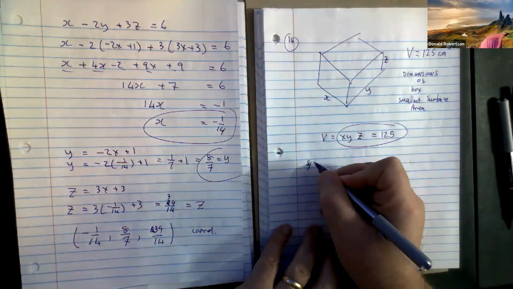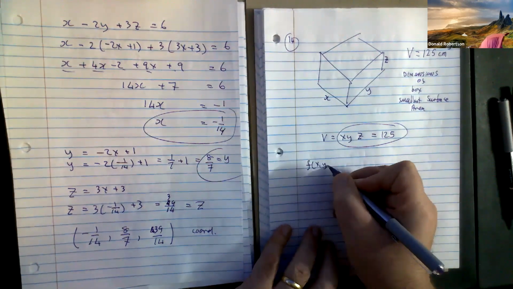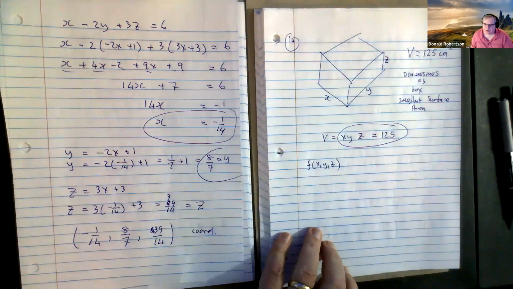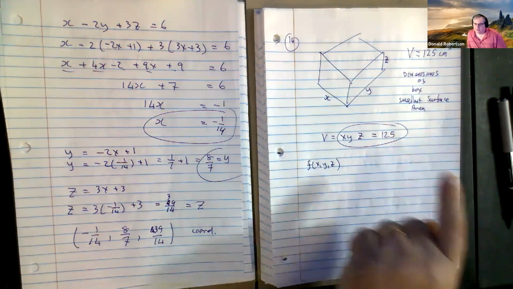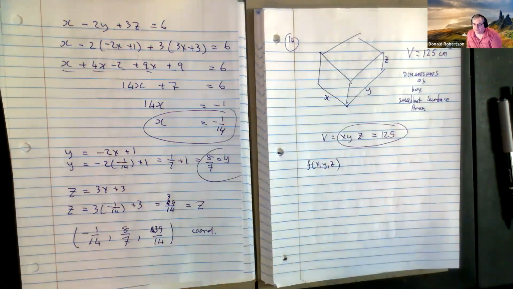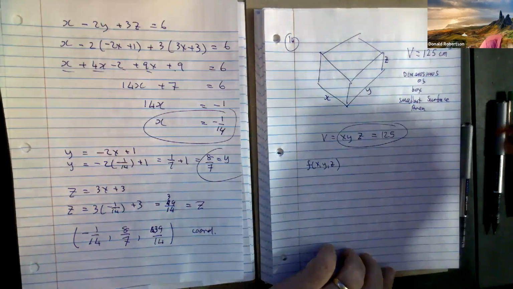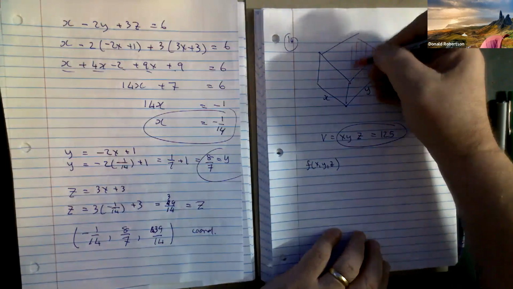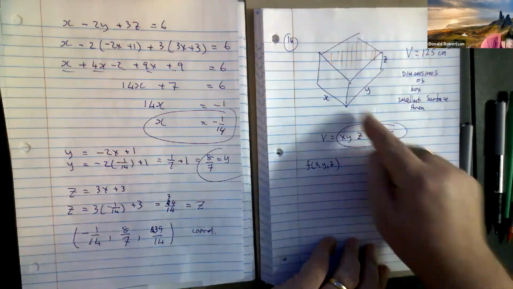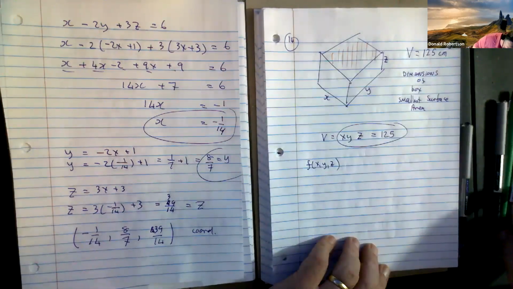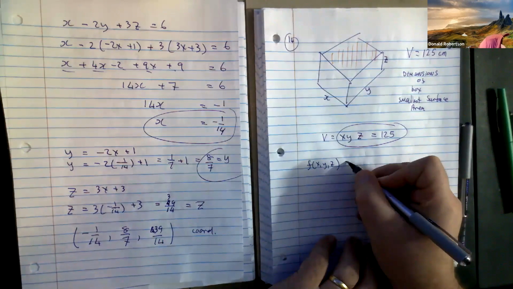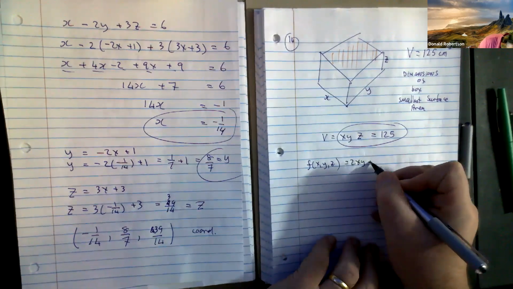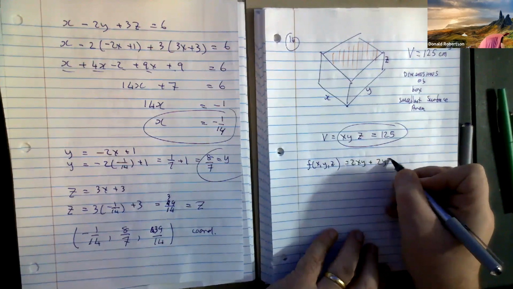Now I'm going to create a function that represents the surface area of this box. The surface area is the area of the 6 sides. So, for instance, if you wanted to get the top of that box, it would be x times y, and there's 2 of them. If you want to get the sides, it's 2yz.